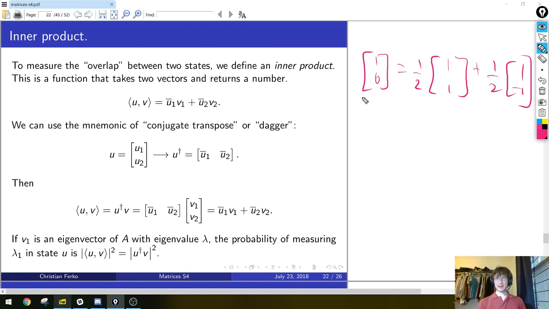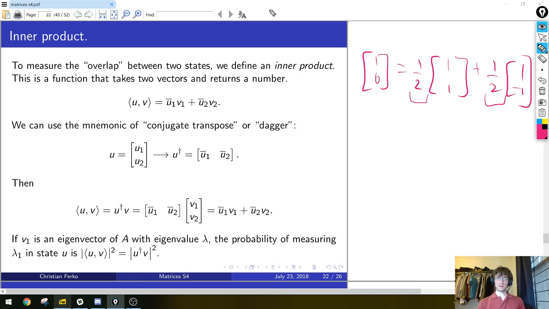You might ask, if I'm going to measure something, is there an easier way besides expressing this as a sum of the eigenvectors and then taking the absolute value squared of each of these numbers? And there is, and if we had more time for the matrices unit, I would spend a lot of time on inner products, because these are quite important.